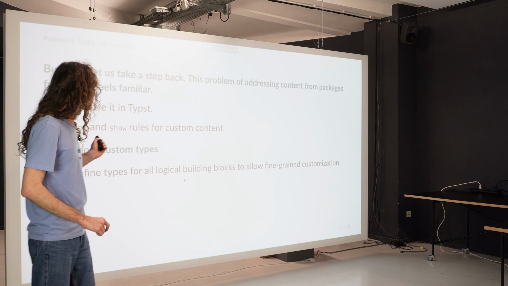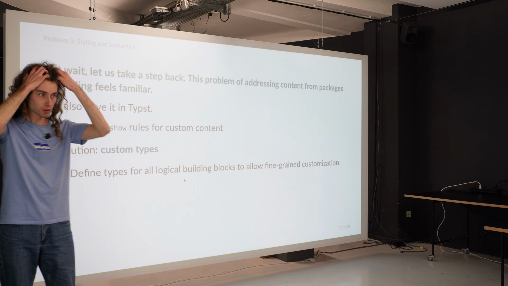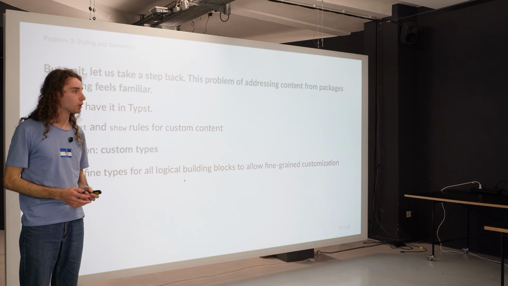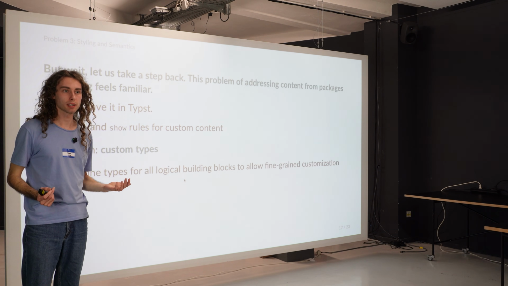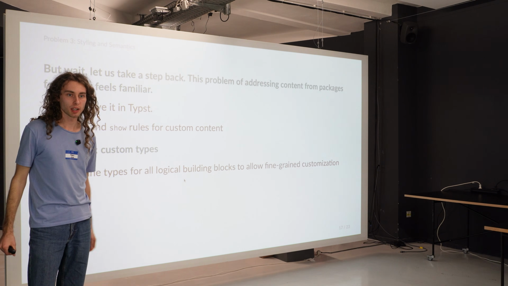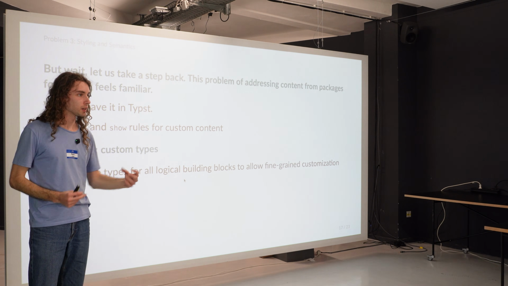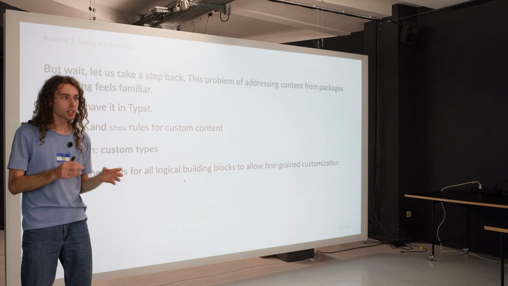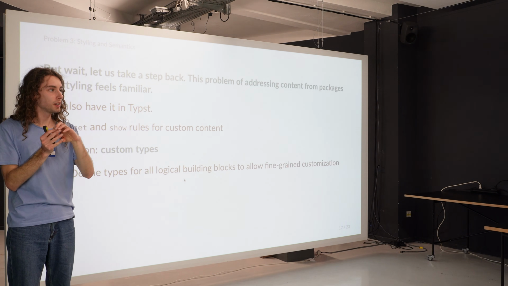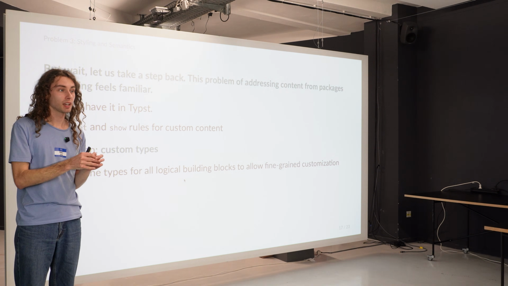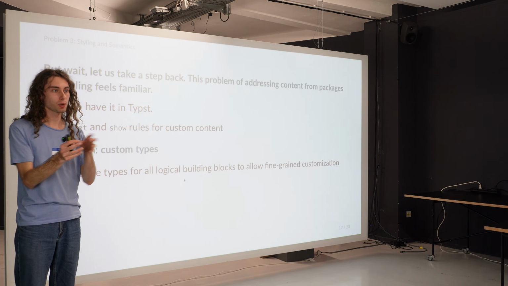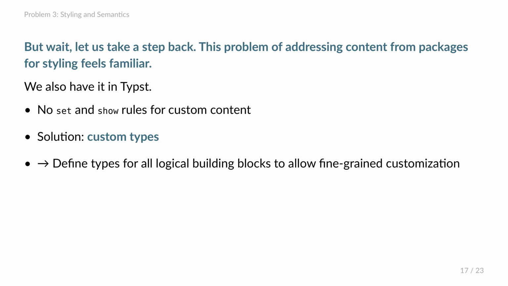But maybe we can take a step back and think about what we're trying to solve, because it sounds like a problem that we are familiar with. We also have this problem in Typst, where logical units, logical building bricks of packages can't be addressed for configuration, for styling. And this is what is promised to be solved with custom types, when you can use set and show rules for types.